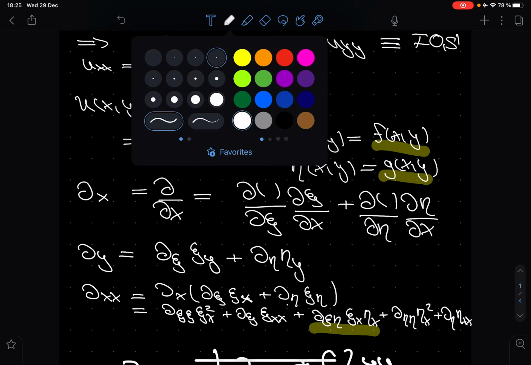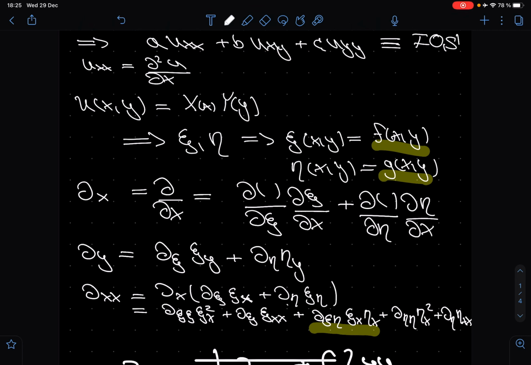So we can just add another factor of 2, and then we will have our second derivative.